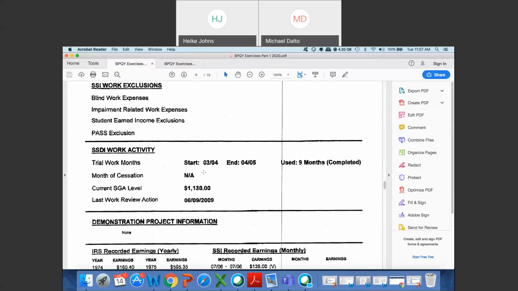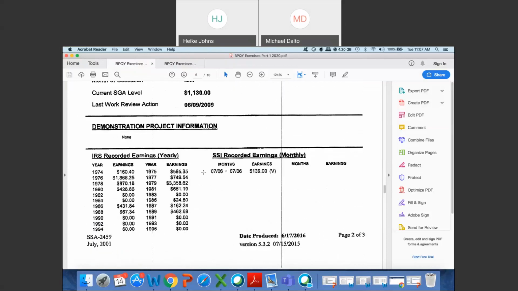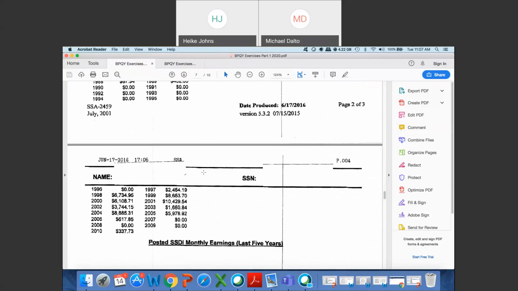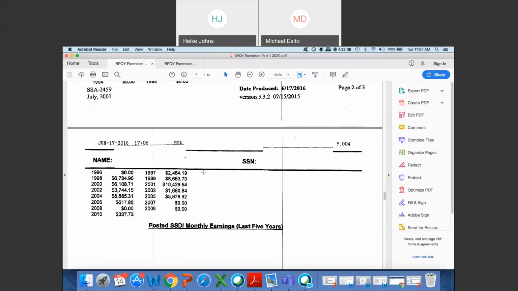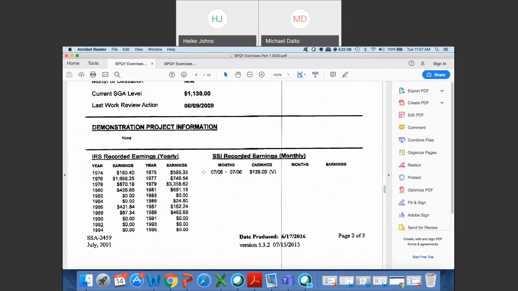And we can see that their trial work months were used up a good while earlier, in 2005. The IRS earnings record shows us that after 2005, the person had extremely low earnings in 2006 and 2010, and none in 2007, 8, or 9. So they probably did not need another work review after they had one done in 2009.